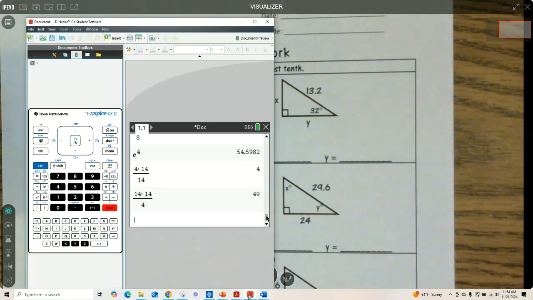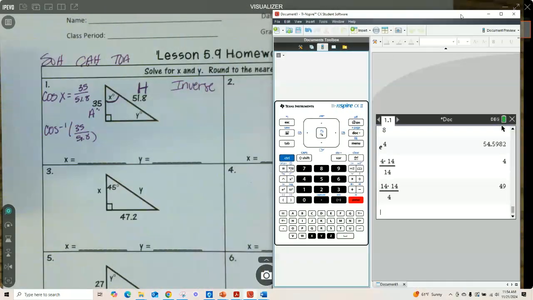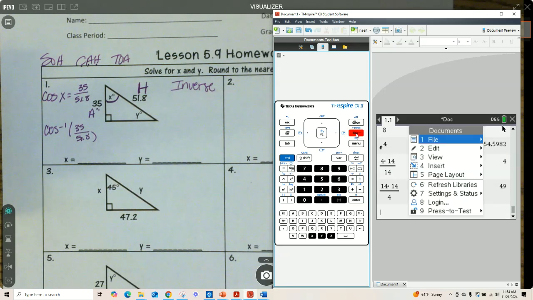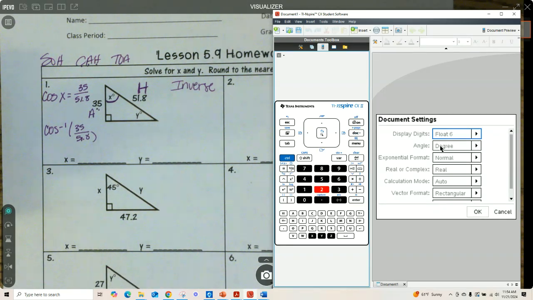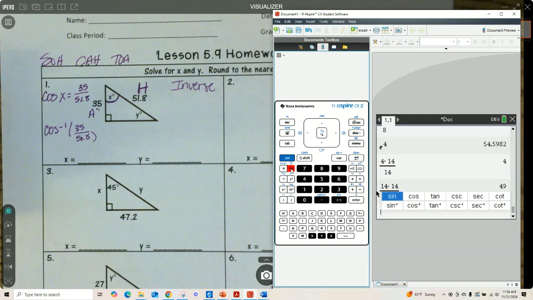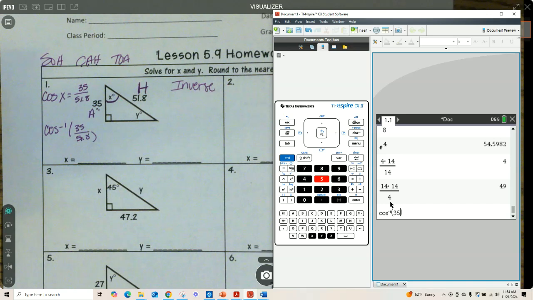So, again, always check your calculator, Doc 72. Make sure it says degree. So, trig button, cosine inverse, 35 over 51.8.